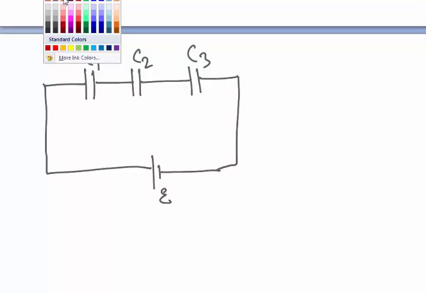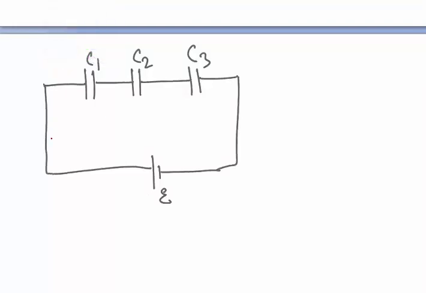As a consequence, a potential difference of V appears across all the three capacitors C1, C2 and C3. Then what will happen?